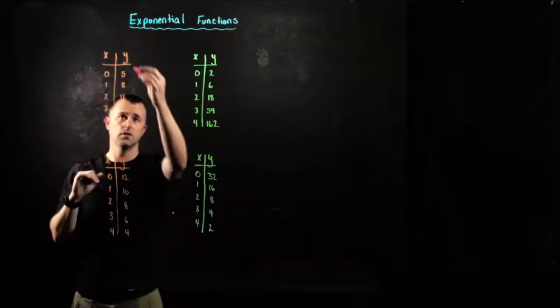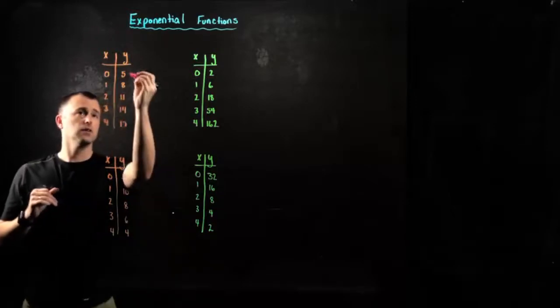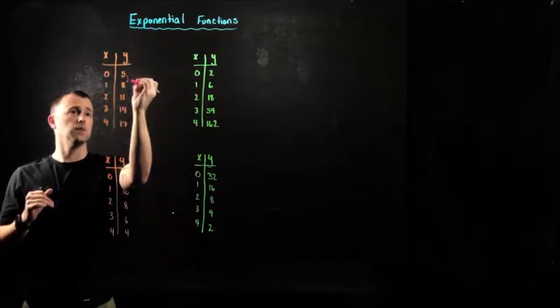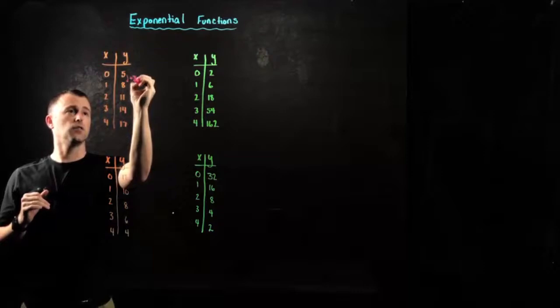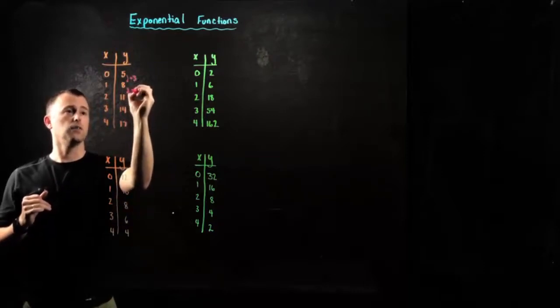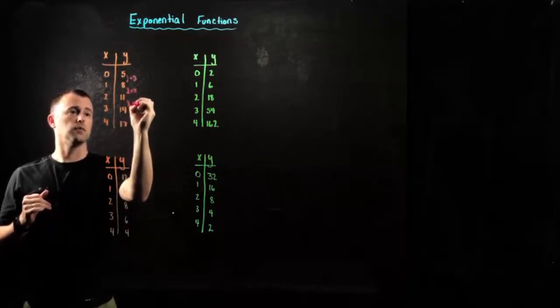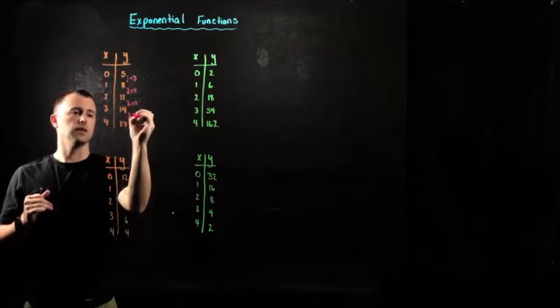So for this first example, you're going to see that this 5 becomes an 8 because you're adding 3. And then you add 3 again, add 3 again, and you add 3 again.